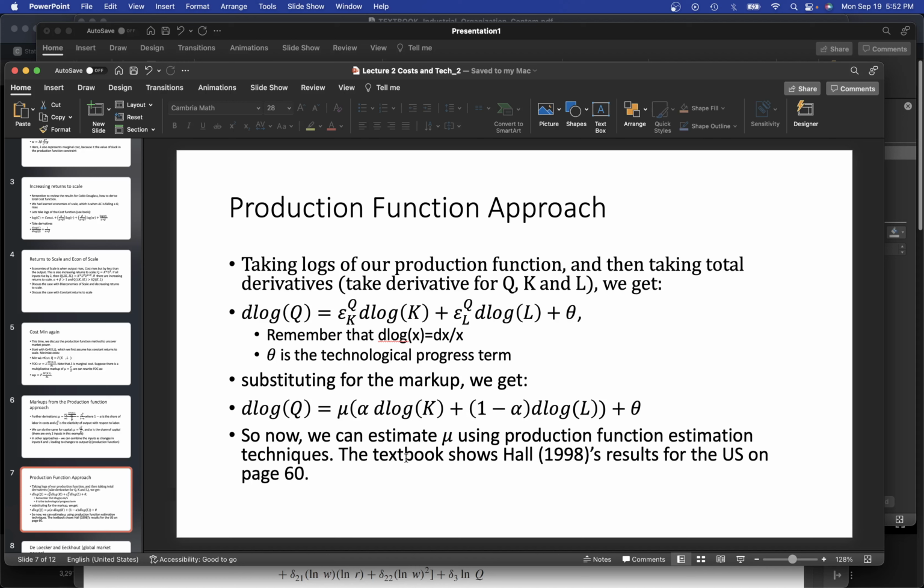These vary at the country, industry, and time level, and this one varies at the industry and time level, but not the country. So the markups can vary over countries and industries and time. So they're able to do that, and they use sales weights to aggregate up.